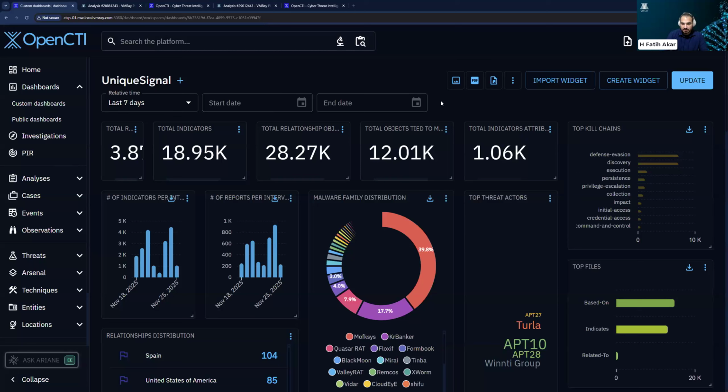In this case, we are distributing our threat intelligence under the name Unique Signal, and OpenCTI is able to make a good representation of the data because of their 6.2.1 support. What you're seeing on your screens is 1 week of intelligence delivered through VMRay Unique Signal.